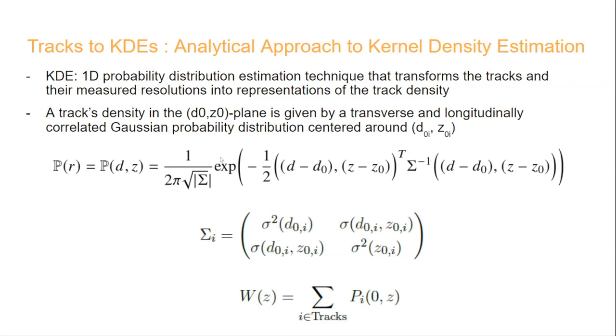This formula is how we calculate the probability density. The shape of the density distribution is determined by the covariance matrix, sigma_i in this case. If we sum up all the probability density functions at any z point, we can find the global maximum, and that represents the position of highest track density, which is the prediction of the vertex position.